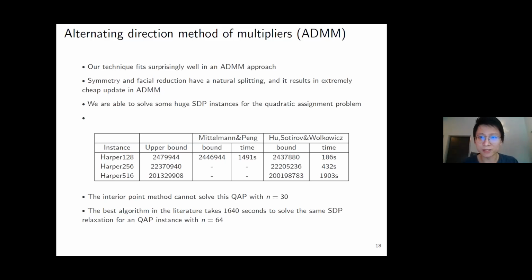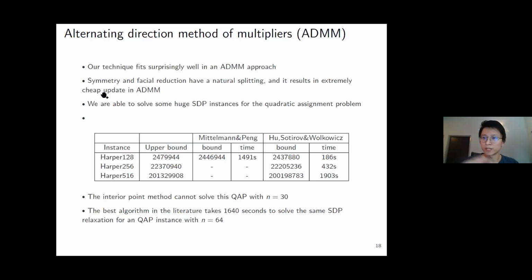This is a very natural splitting, and it ends up with a very good implementation in the ADMM approach. So ADMM splits your problem into two smaller subproblems. And because of how our formulation looks after symmetry and feature reduction, the subproblems in ADMM are extremely simple.